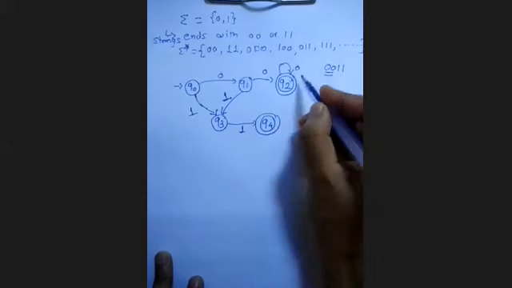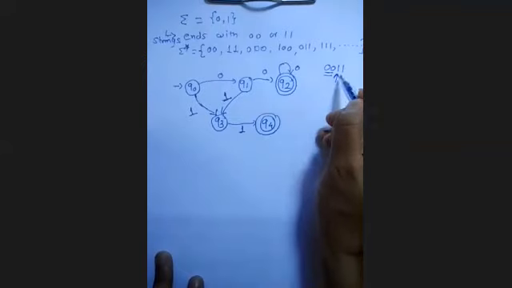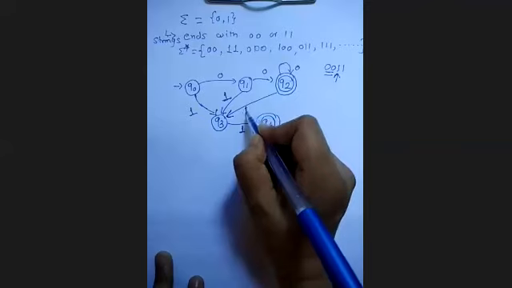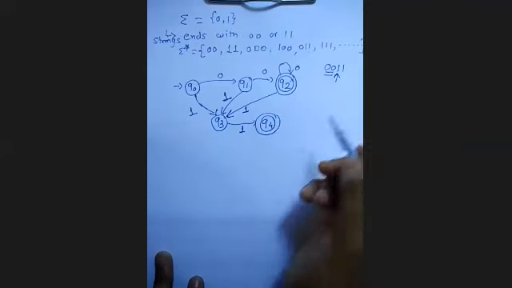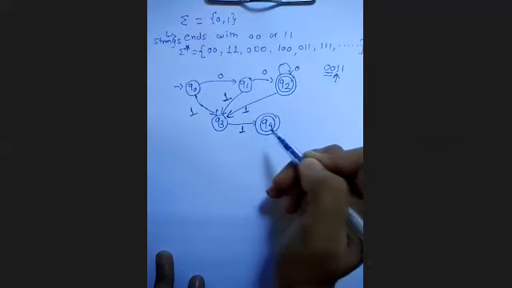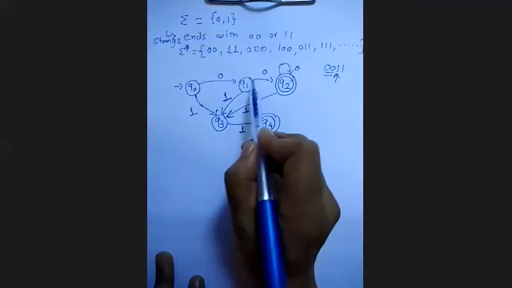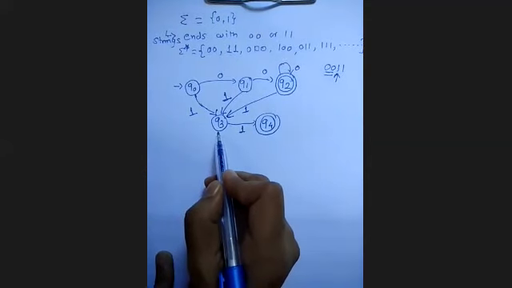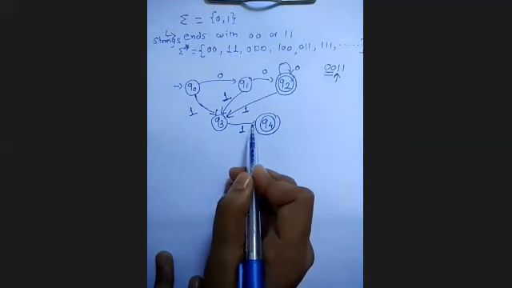Now you are in the Q2 state, and in Q2 if you get 1, it should go to Q3. That is correct. Okay, so for the next one, it will go from Q3 to Q4. So we completed Q0, Q1, Q2, and now the transitions from Q3. Now it's simple. From Q3 we have already completed the transition on 1.